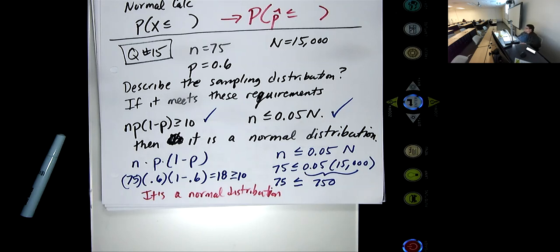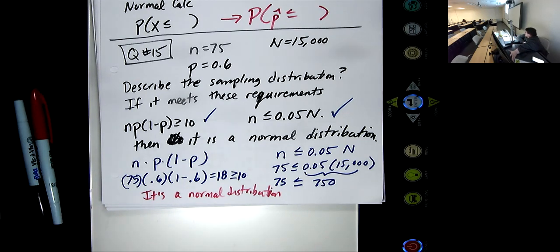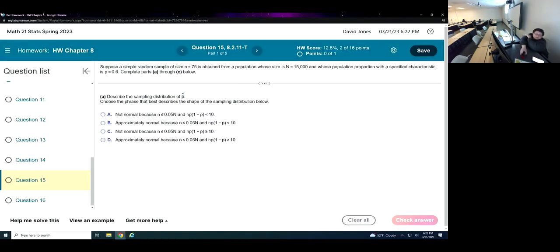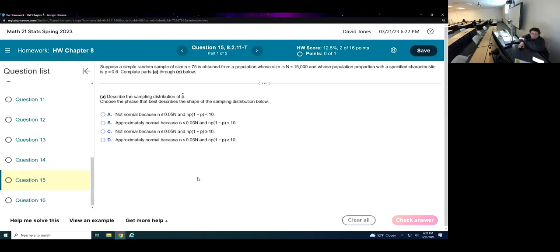This was a 3-parter, so I have 2 more to do. Does anyone need that up longer? So I found out it was approximately normal, and 2 of them say that. I just have to make sure I pick the right one. This one says normal, n is less than or equal to 0.05 N. That's true.